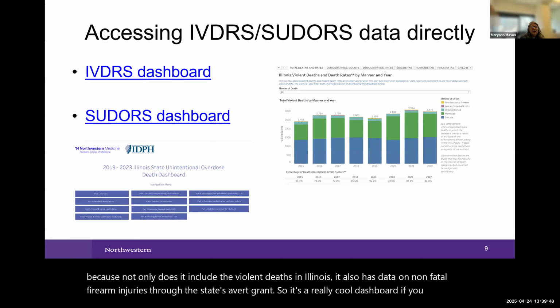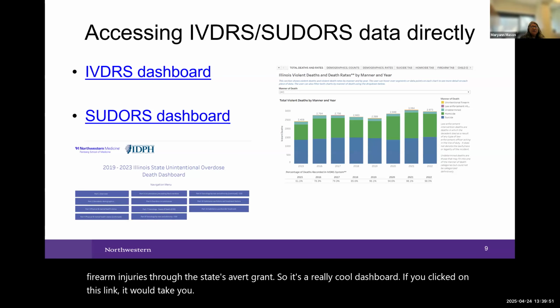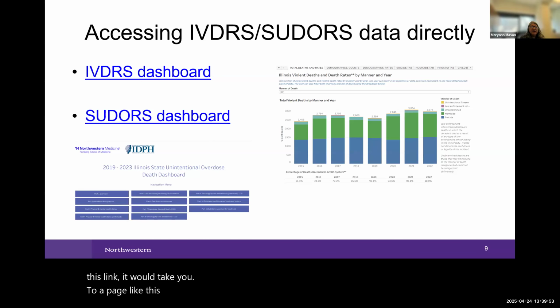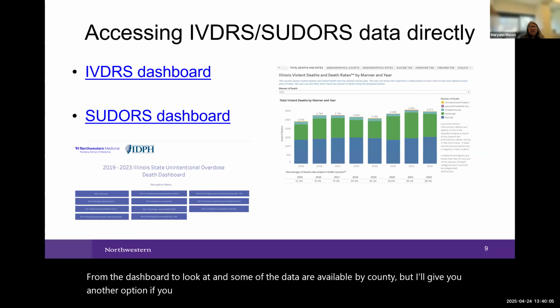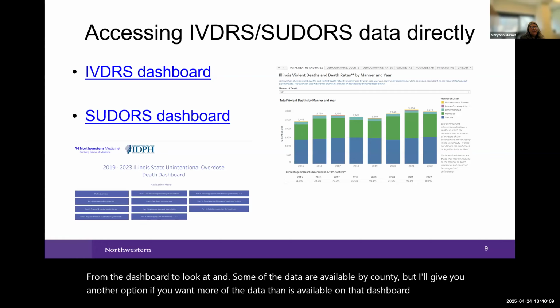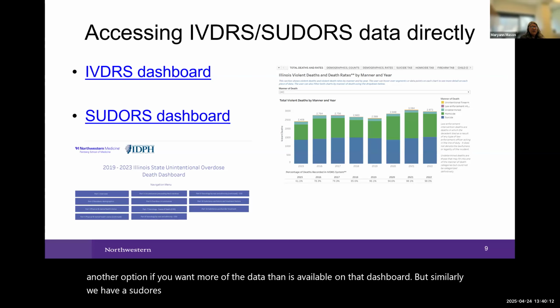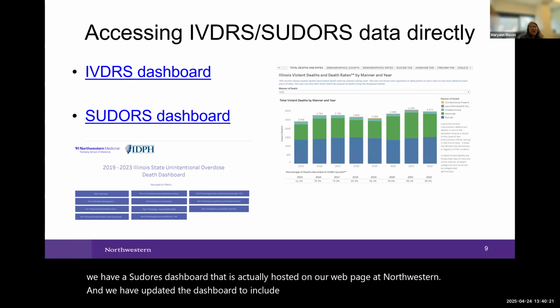If you click on this link, it would take you to a page like this where you can select different elements from the dashboard to look at. And some of the data are available by county. But I'll give you another option if you want more of the data than is available on that dashboard. Similarly, we have a SUDORS dashboard that is actually hosted on our webpage at Northwestern. We have updated the dashboard to include 2023 data.